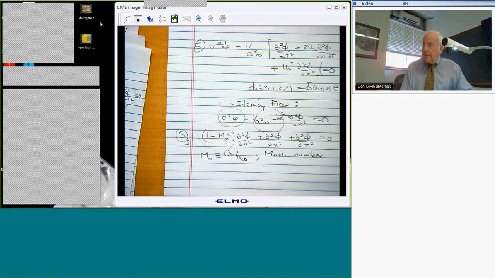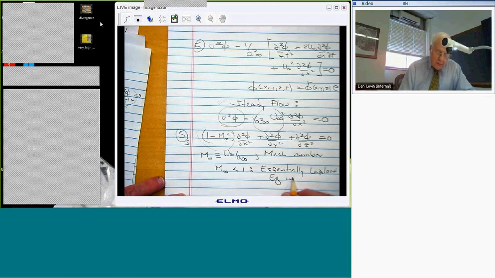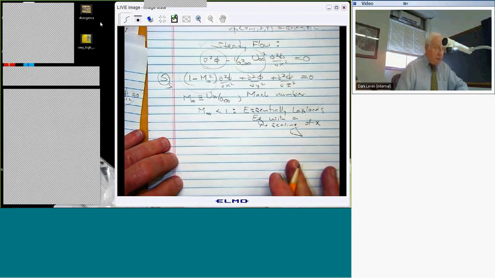Is that okay? Well, in a way. So let me point out the key. If this is less than 1, then essentially Laplace's equation with a rescaling of x. I thought about that. Yeah.